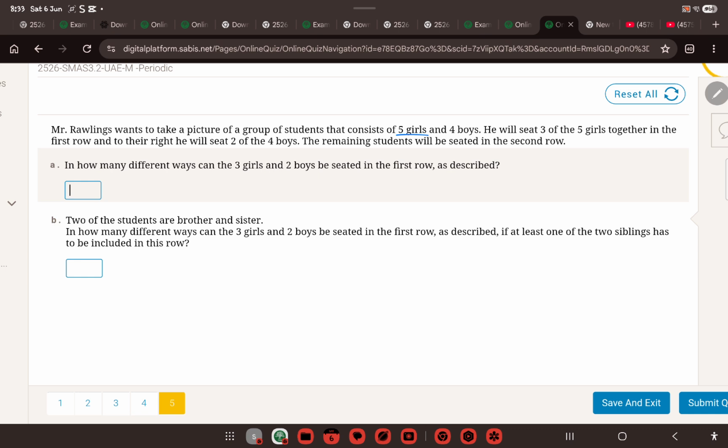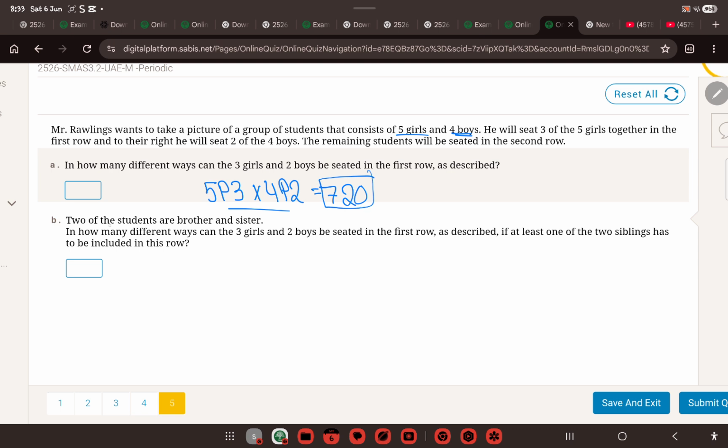Since there are 5 girls total, we do 5 permutation 3 times 4 permutation 2. You should get 720.